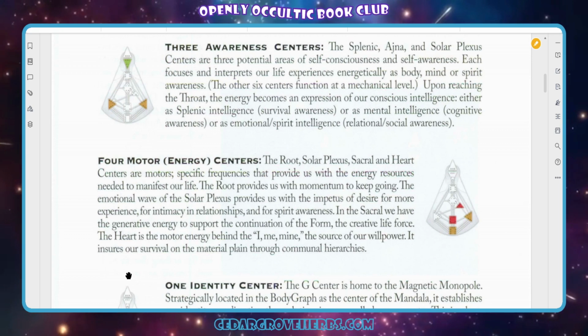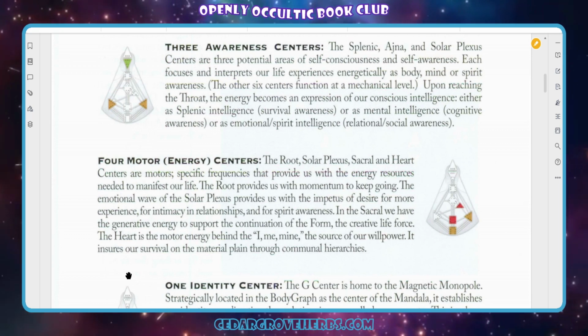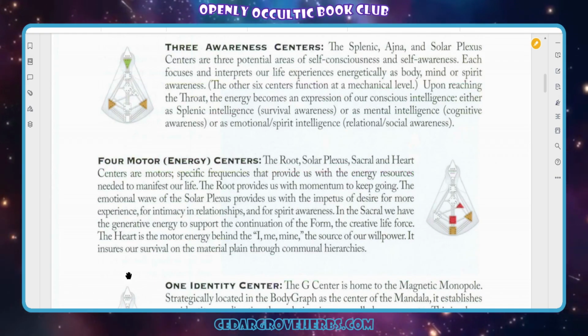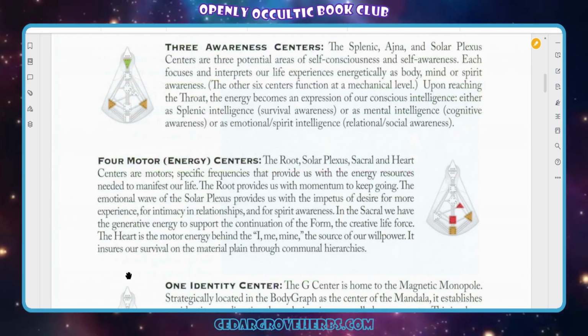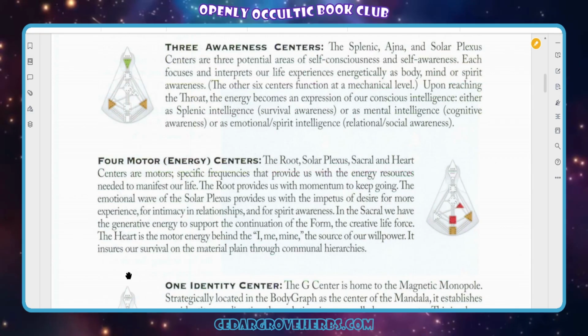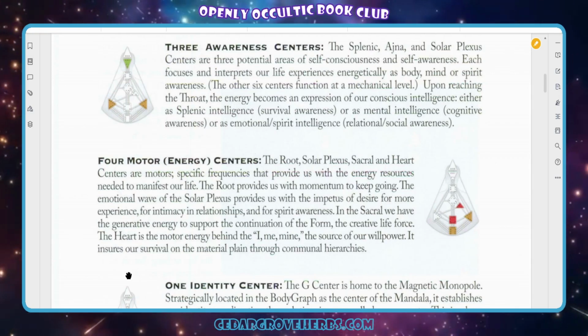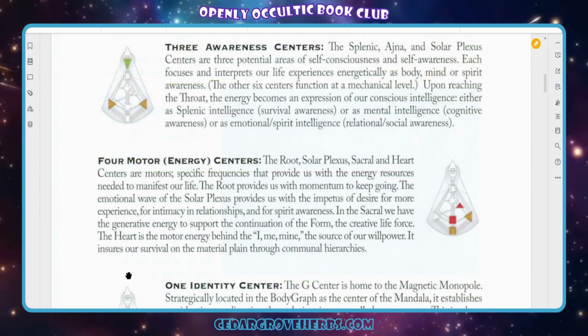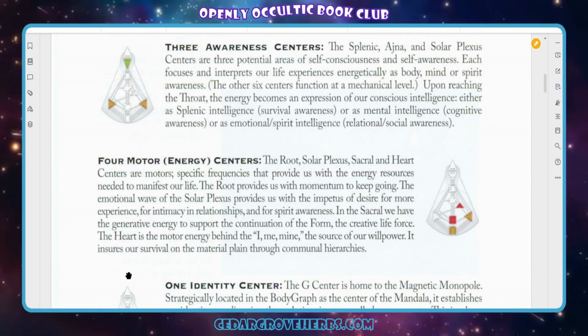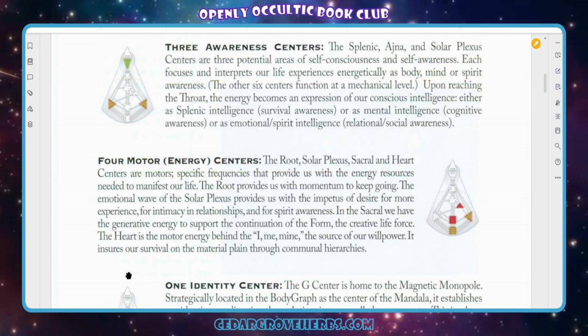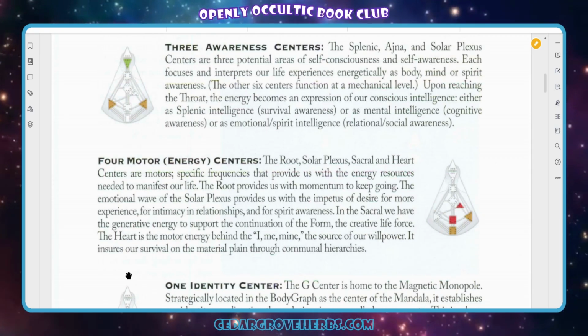In the sacral, we have the generative energy to support the continuation of the form, or your body, the creative life force. The heart is the motor energy behind the I, me, and mine, the source of our willpower. It ensures our survival on the material plane through communal hierarchies.